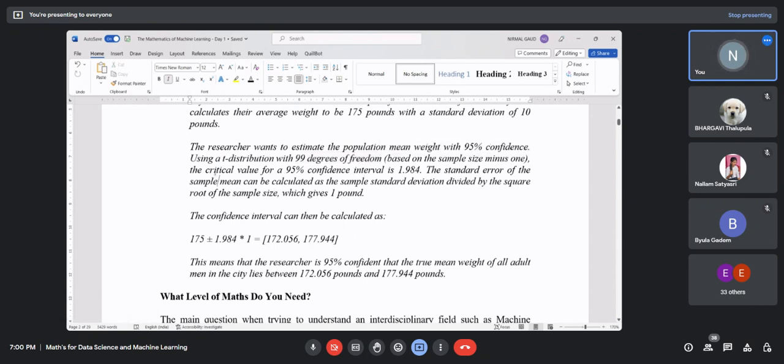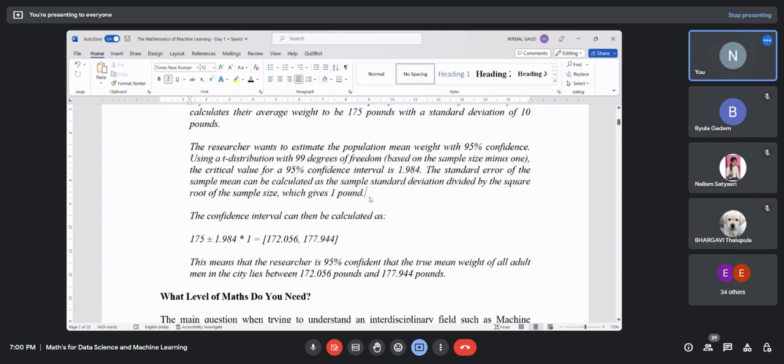For a 95% confidence interval, the value used in the calculation is 1.984. The standard error of the sample mean is calculated as the standard deviation divided by the square root of the sample size.